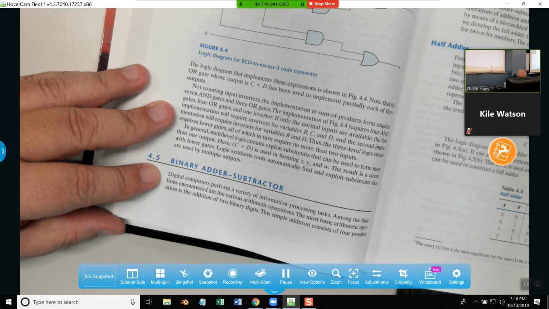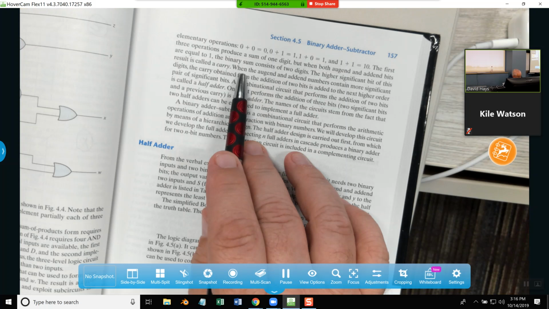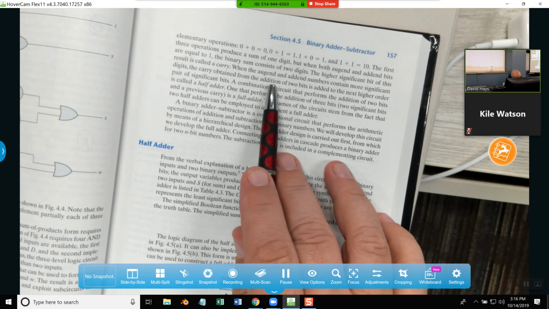Okay, half adder. In the verbal explanation of the half adder, we find that the circuit needs 2 binary inputs and 2 binary outputs. That's our X and Y as inputs, and C and S as outputs. The S is your sum, and the C is your carry.